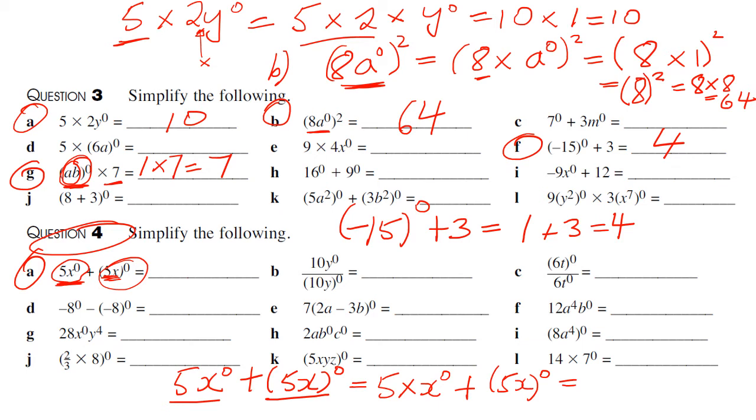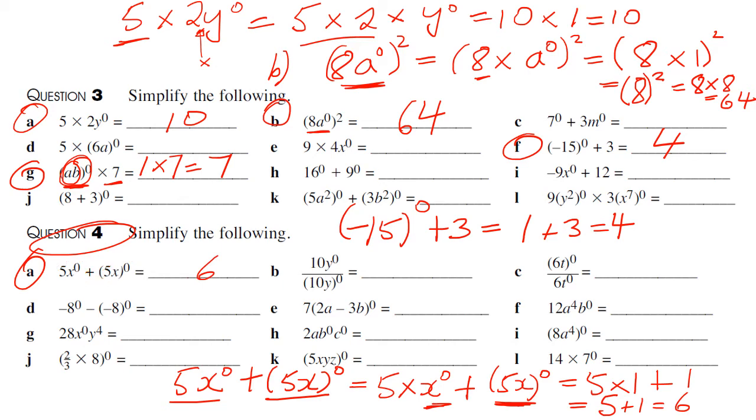So they are not equal. If we go to the next step, 5 will stay the same, times x to the power of 0 becomes 1. Then you add that with (5x) to the power of 0, which becomes 1. 5 times 1 is 5, plus 1, your answer will be 6. So your answer is 6, not 2.